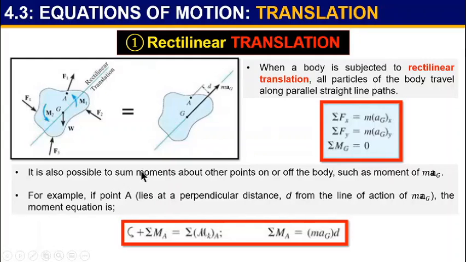For example, if point A lies at a perpendicular distance d from the line of action of m aG, the moment equation is sigma MA equal to m aG times d. So if we know the distance between this point A and point G, the body's mass center, equal to d, then we can determine the moments of point A. So this is for rectilinear translation.